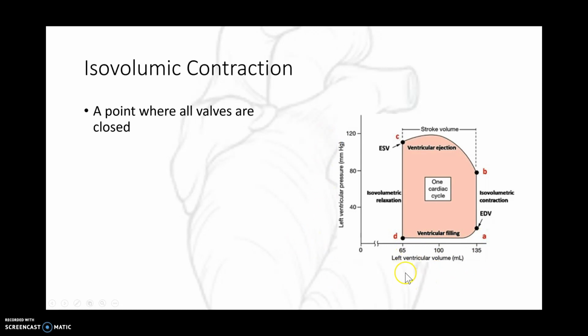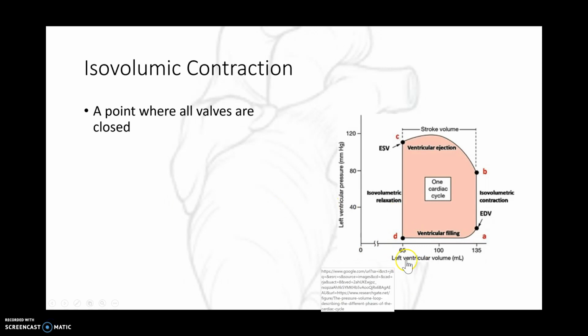We have an increase in filling, so we can tell that the valves are open, because we are increasing the amount of volume that's coming in, right? And then all of a sudden we fill to a point and then we start to compress. And then at this point, we have rapid ejection. Here's our isovolumic contraction right here because we've compressed, and right here we increase the pressure.